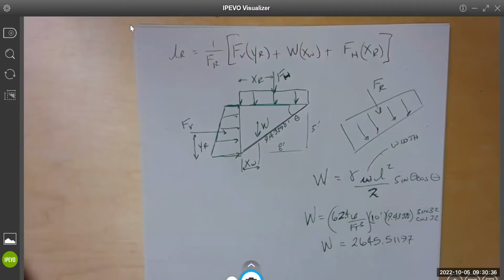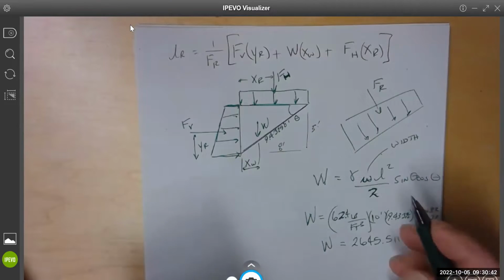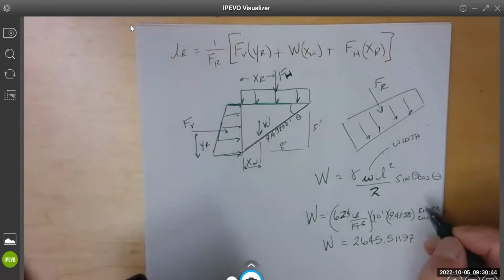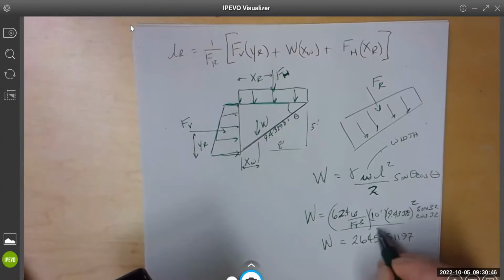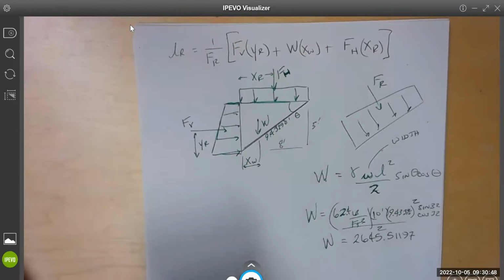In your W, when you wrote the numbers, you didn't put it over 2 and you didn't square it out. Oh yeah, I did not square it for sure.